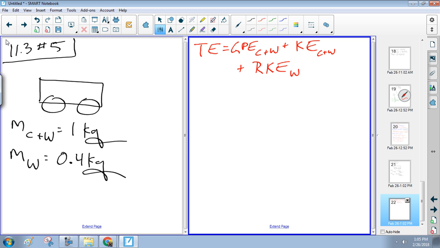AJ, you had 2 questions. I'm understanding that the W means wheels, so what does the C mean? It would mean the cart, but not counting the wheels, like the body of the cart.